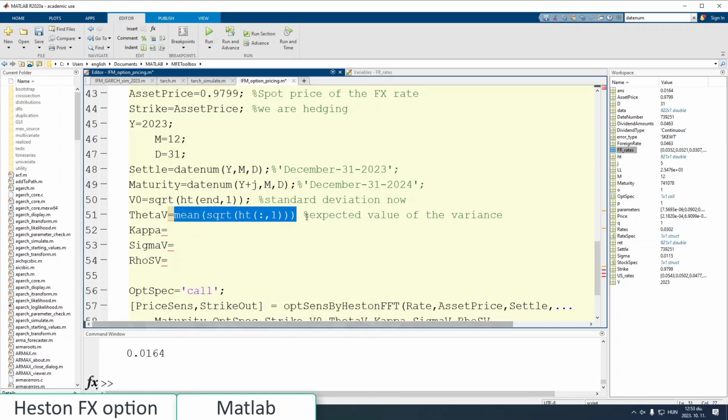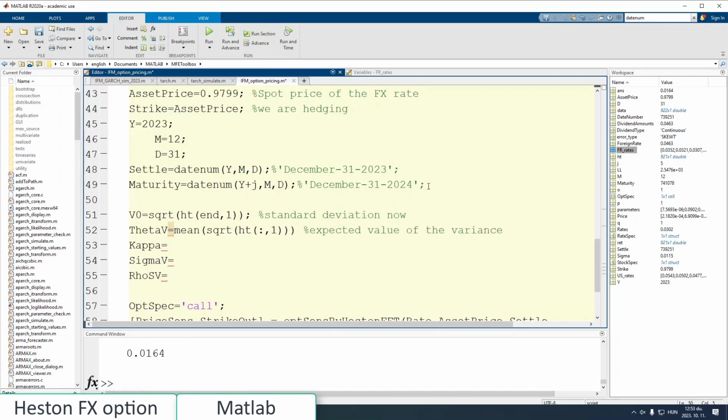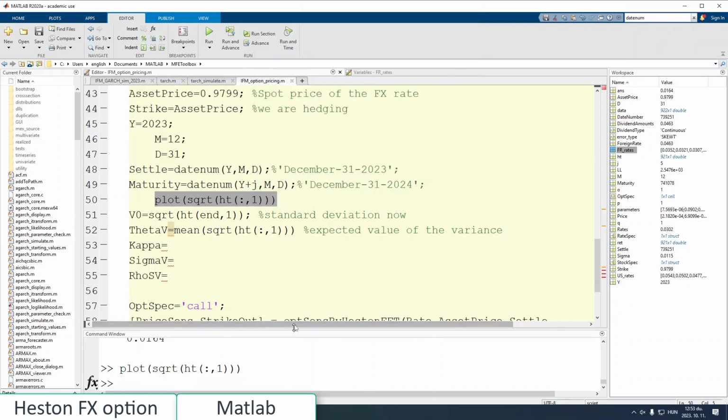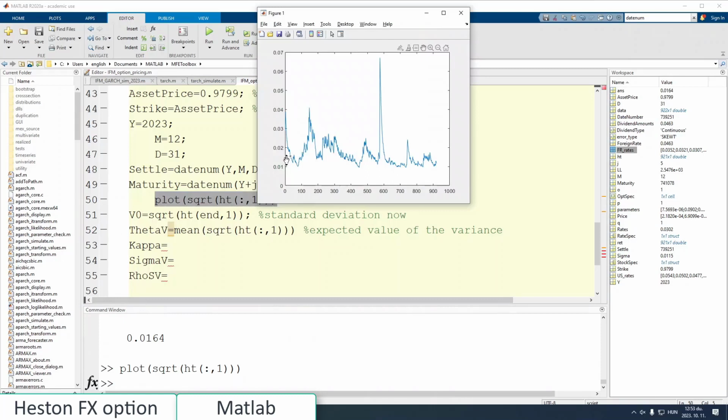So just to show you what I'm talking about, this was the volatility of the US dollar. The mean of all these things will be 1.6 something.